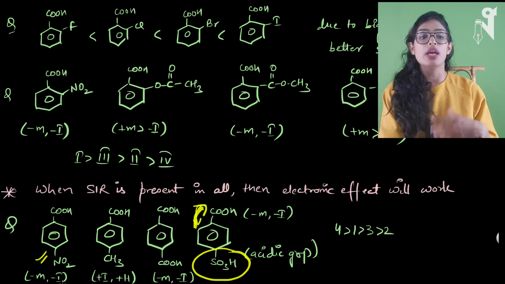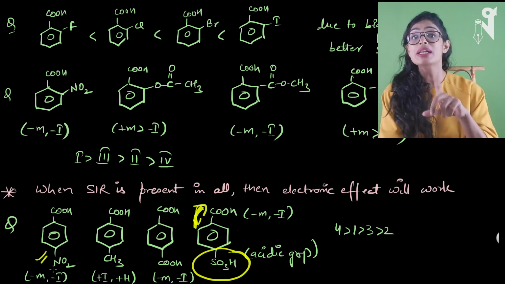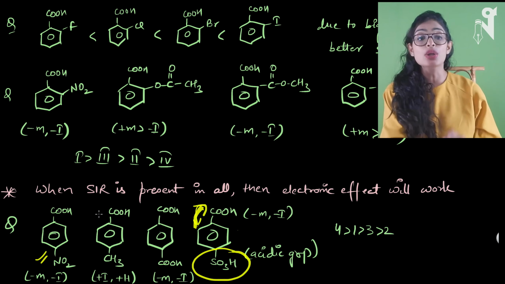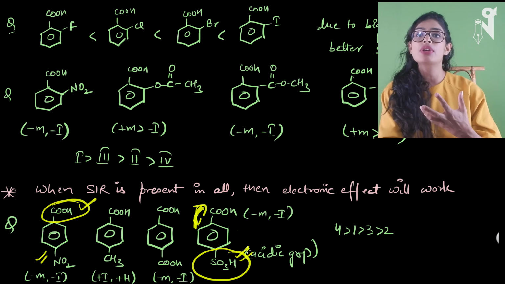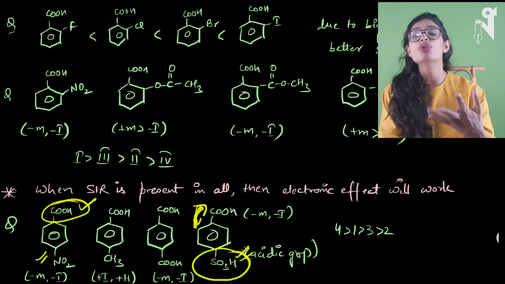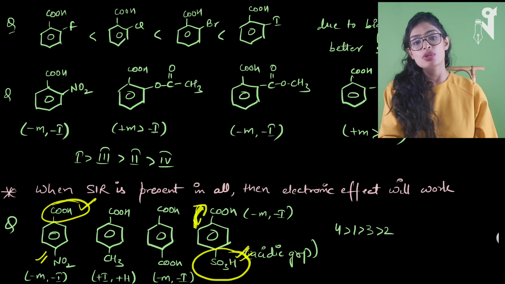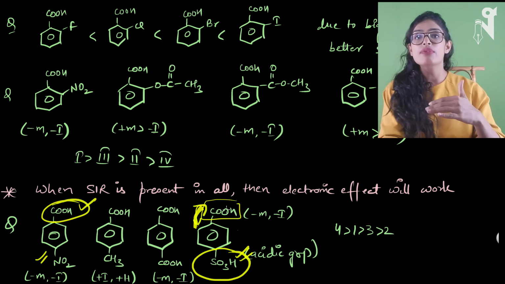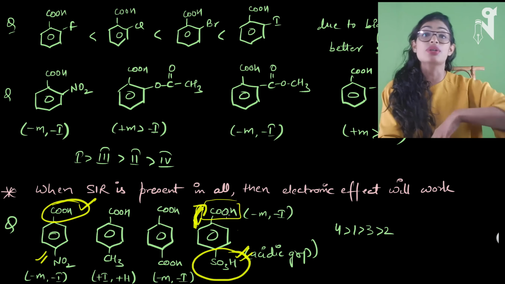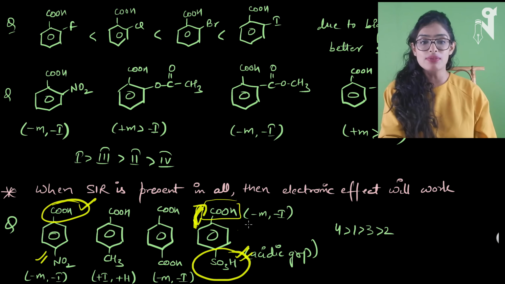Why is it not, when NO2 is a better electron withdrawing group? It is a better electron withdrawing group, but look at the group also which is showing acidic strength. When we compare COOH and SO3H, SO3H is anyways capable of releasing hydrogen much faster than COOH. So even a little lesser electron withdrawing group will also increase its acidic strength drastically. Okay, so that is why this is most acidic, then first, then third, and then second.